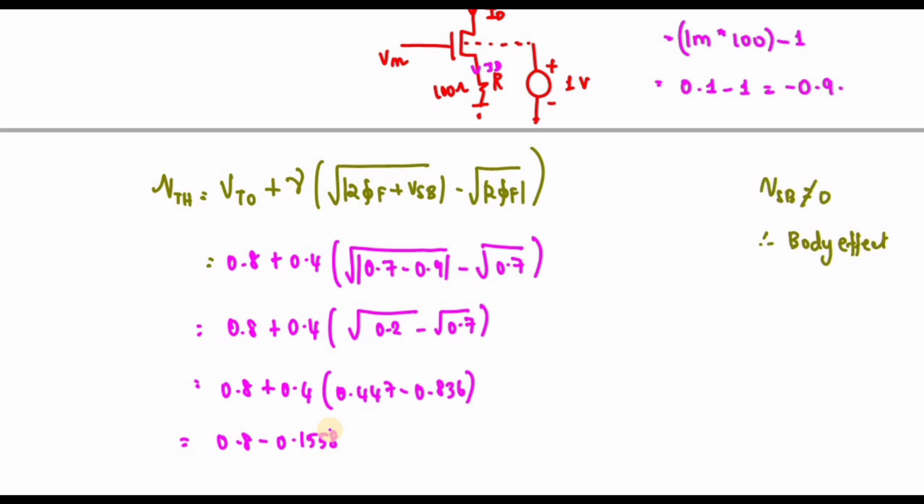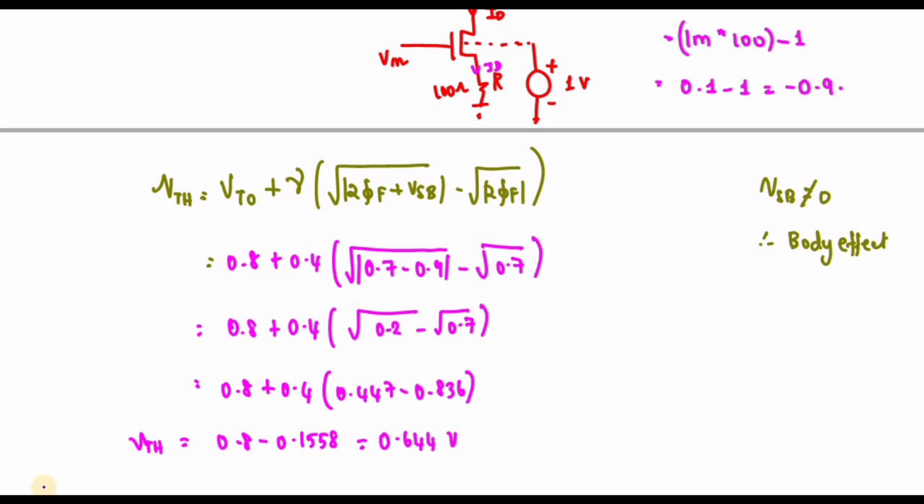Okay, so you'll get the answer equal to 0.644. So you can see the threshold voltage gets reduced.